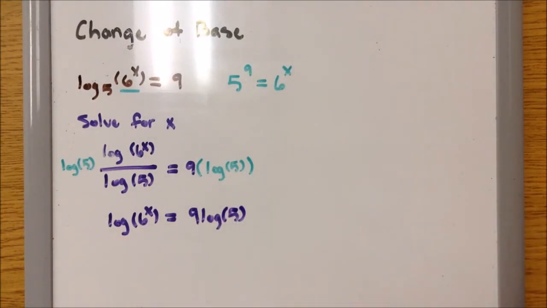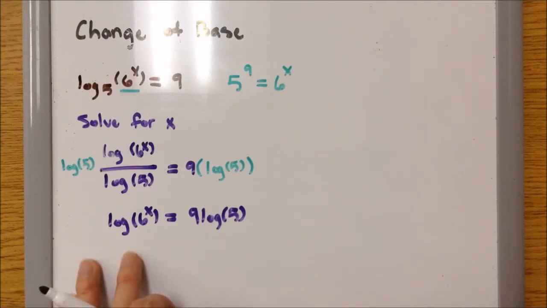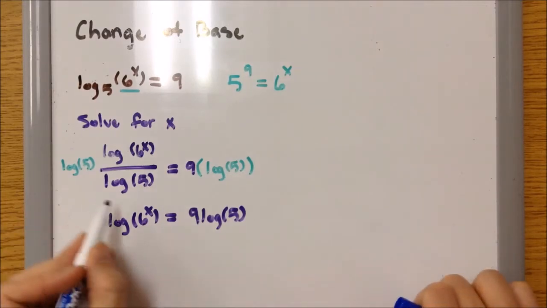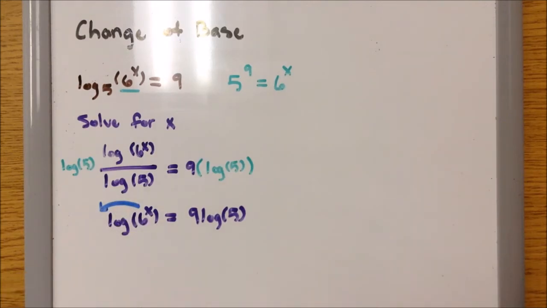The only thing I can do here, I can't use product, there's no plus, and there's no multiplication, but I can use the power property. The reason I can use the power property is because x is an exponent, and with the power property I can move x in front of the log.